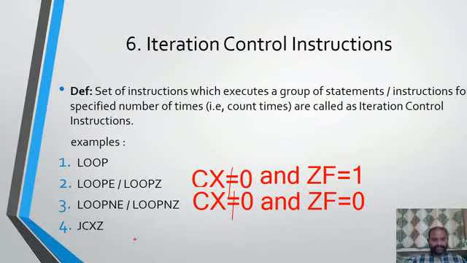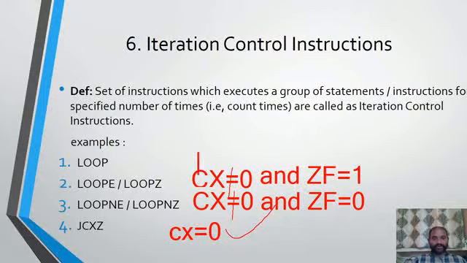The fourth instruction, the JCXZ instruction, works based on 0. Whenever the CX content equals 0, only at that time the condition is going to be true. Previously we were looking for a non-zero value for the loop operation.